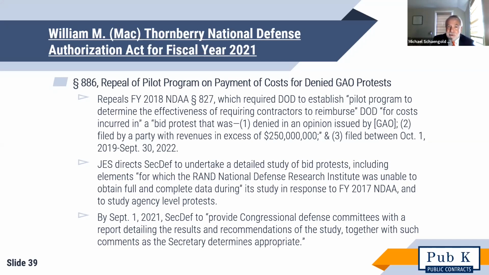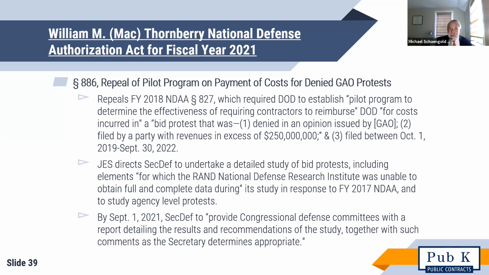There is a lot of interesting information that this study has to research, including the rate at which protesters are awarded the contract that was the subject of the bid protest, a description of the time it takes DoD to implement corrective action after a ruling or a decision, etc. This data will be very interesting and I think useful to the procurement community.